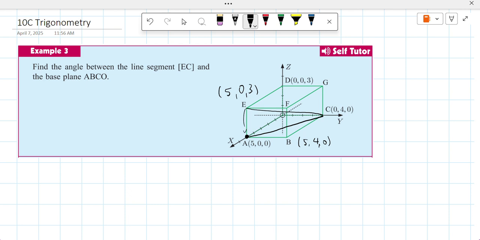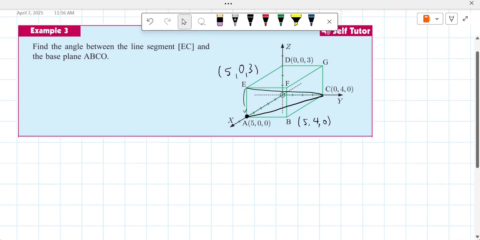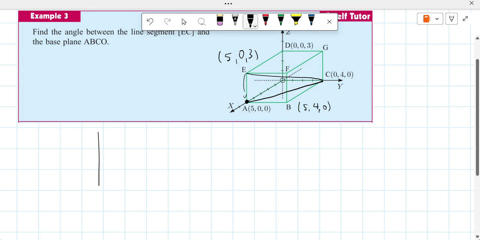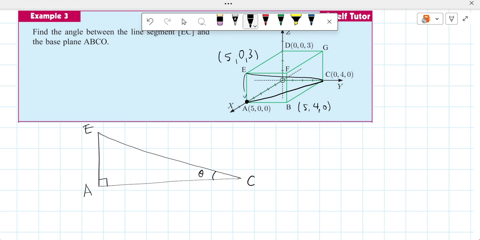So let's try to redraw this diagram, because seeing a 3D diagram is quite complicated. My goal will be to find the angle theta in this triangle AEC. In order to find such an angle, I'm going to need some measurements.